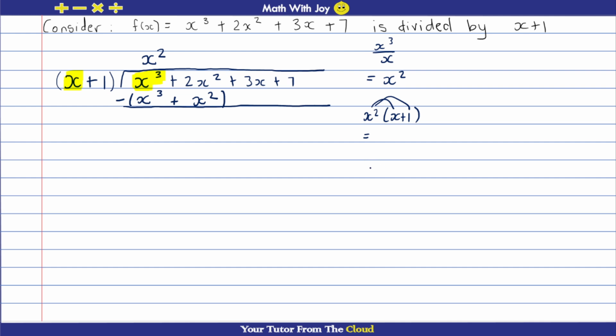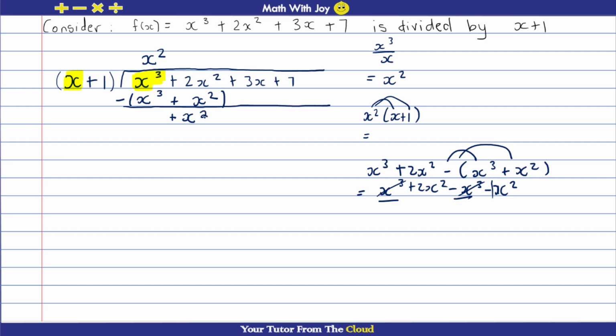When you subtract this, remember the negative has to multiply inside. So you will have negative x to the power of 3 and negative x squared. Now you can clearly see that the x to the power of 3 terms cancel each other out. 2 minus 1 gives us a positive 1. So the answer will be positive x to the power of 2.